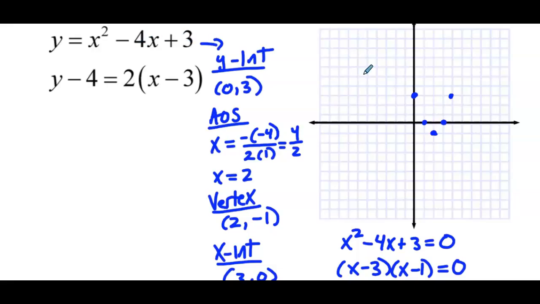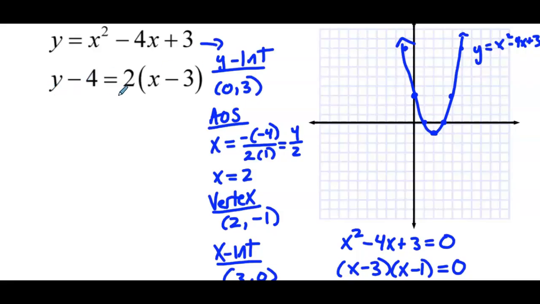Plus 3 is 8, so negative 1, 8. And by symmetry, that's 3 to the left of the axis of symmetry, so we'll go 3 to the right. So 5, 8 is also on our curve. Okay, so there we have y equals x squared minus 4x plus 3.